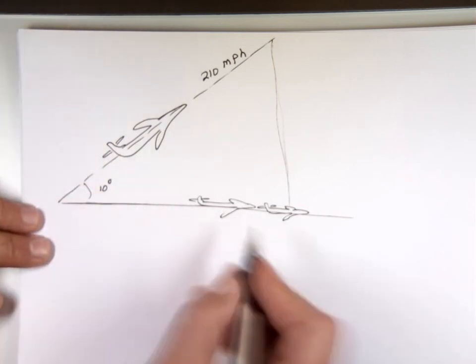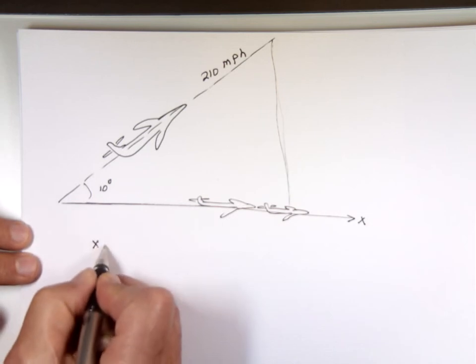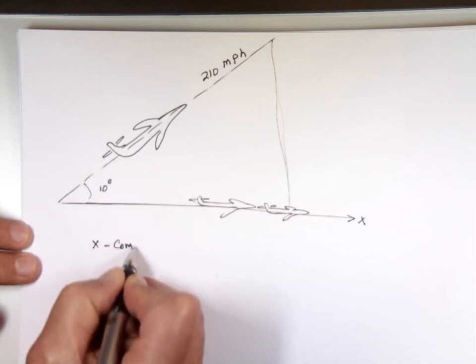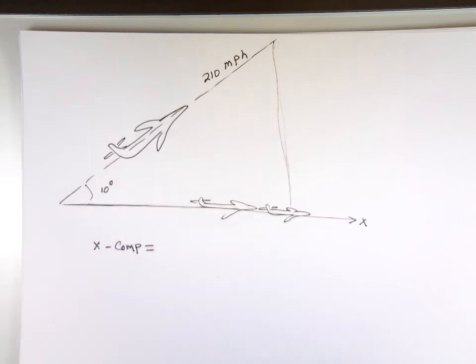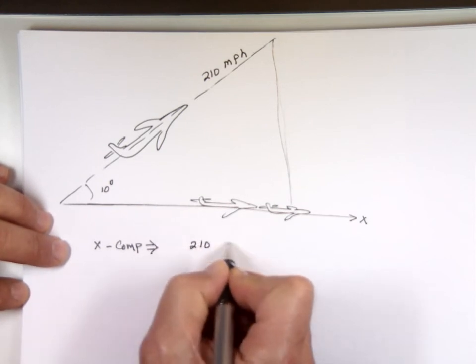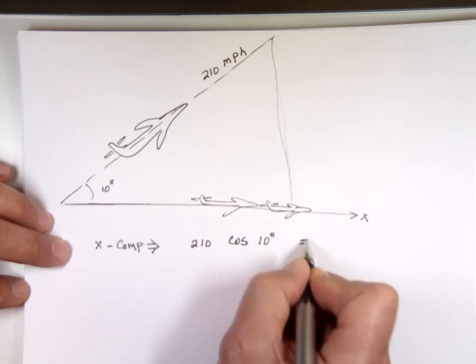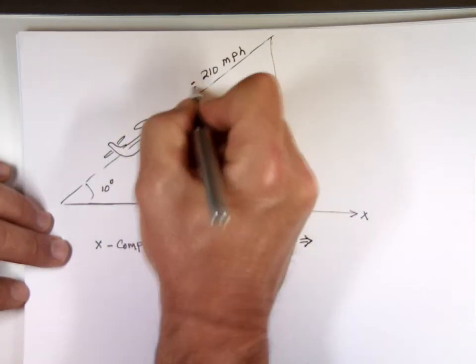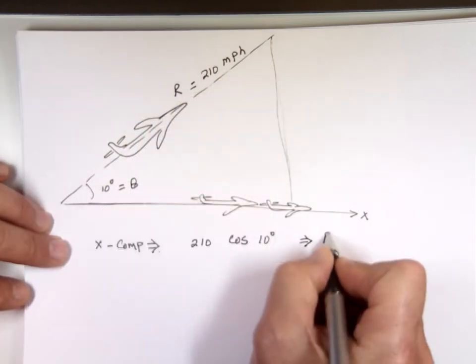So which value should I use to get the x value? If this is the x direction, to get the x component, cosine. Yes. So I'm going to get that by taking 210 times the cosine of 10 degrees. Or another way of saying it, if this is r, and this is theta, it's r cosine theta.